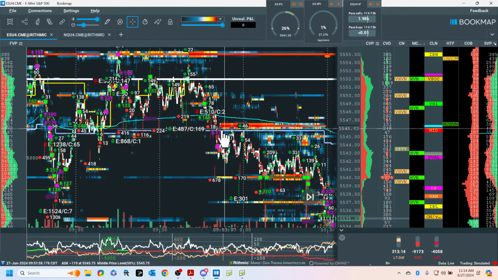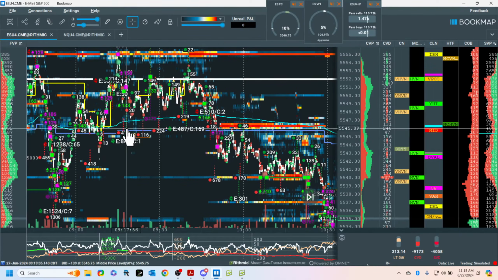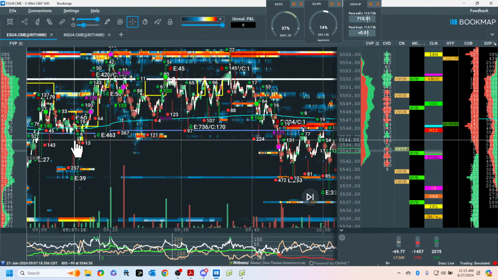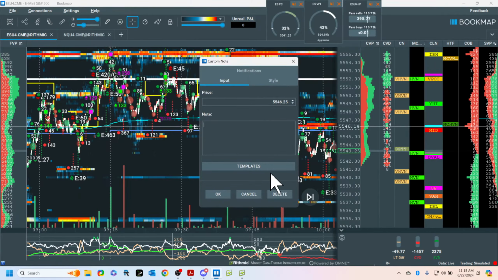Once I'm below the mid and the VWAP and variable high volume nodes, which is here and I think here. Haven't kept up with them. Yeah, here and here. Let me label this. I use these high volume nodes as support and resistance.